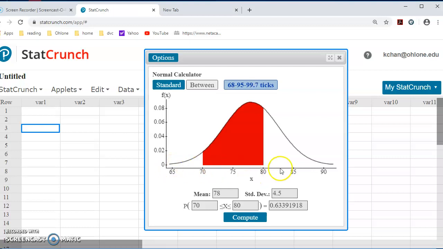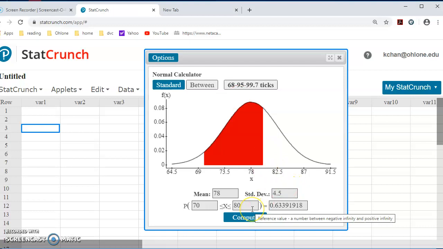Now, when we're looking at the x-axis, did you notice that it is not labeled the way we want, meaning the middle should be our mean, which is 78, but they just label it in a convenient way? To change it to a normal curve labeling scheme, we click this 68, 95, 99.7 ticks option, and it will give us that.